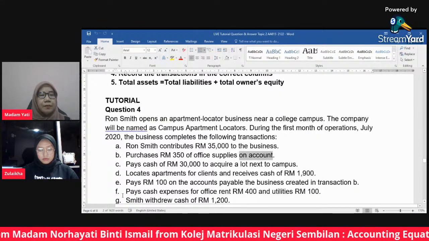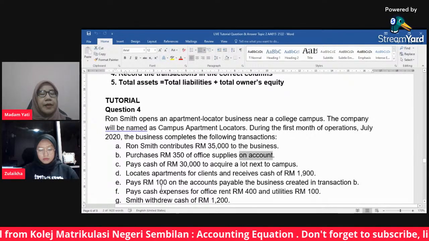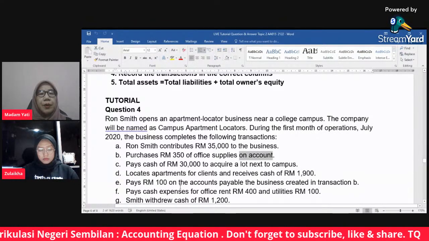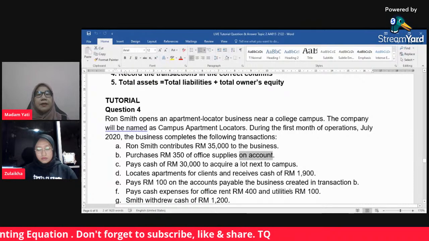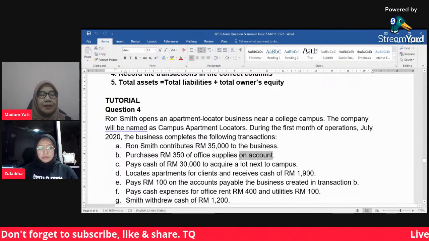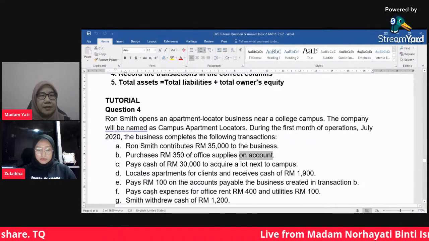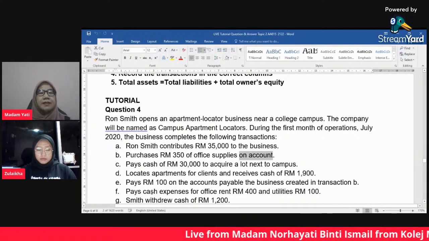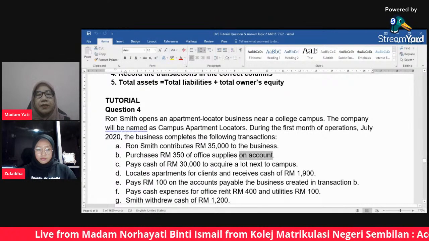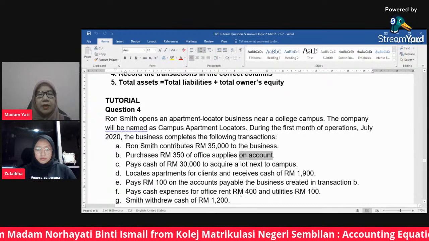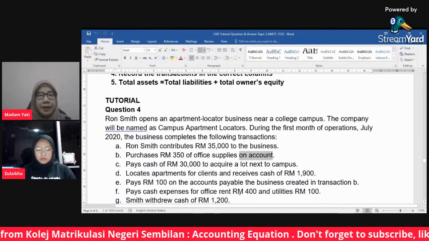Okay, the next one, pay cash expenses for office rent RM400 and utilities 100. So it means that cash, nampak ni cash categorized as asset, decrease in asset namanya cash, and at the same time this is owner's equity, dia decrease in owner's equity. So categorized sebagai expenses.